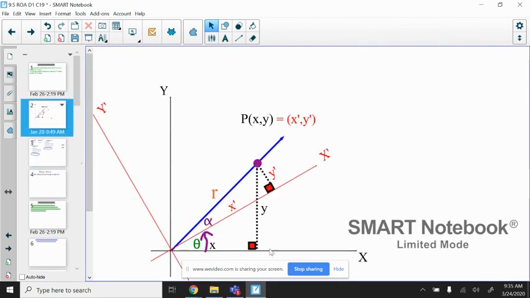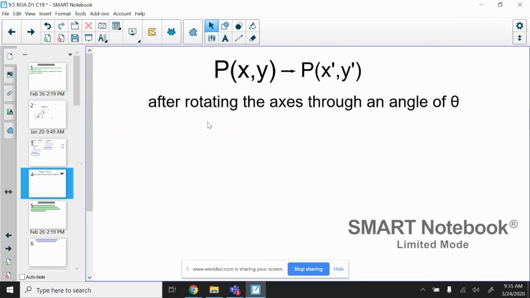Go all the way back to our diagram. Everything comes back to this particular diagram. Make sure you're clear about the diagram. And how am I going to do this?